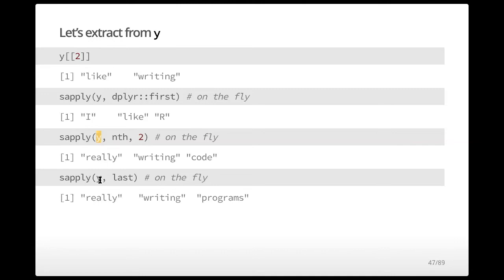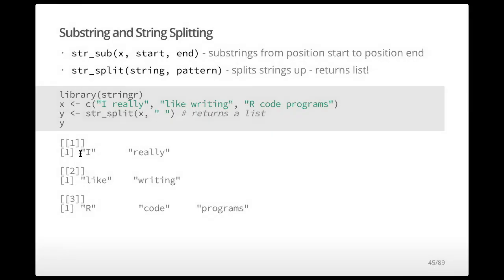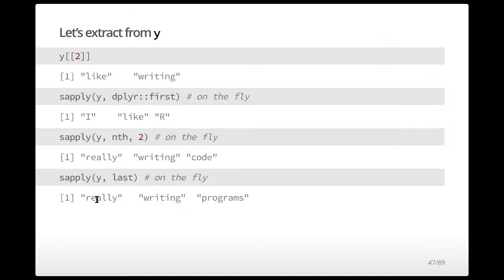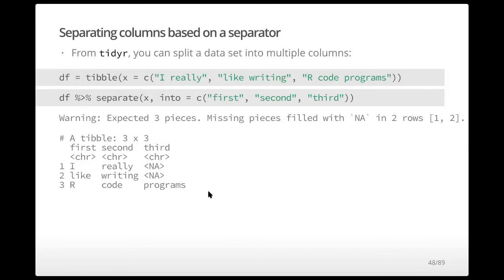Lastly, we could say, instead of first, we could use last, where it'll grab the very last element of any one of them. So it doesn't matter that this has 2 elements, this is 2, this is 2, or 3. Doesn't matter if this is 2, 2, and 3. It says this is the last, this is the last, that is the last. And I'm really writing programs. So again, an alternative way of doing these things, it's a little bit more constrained, but in many instances, this is what you want to do.